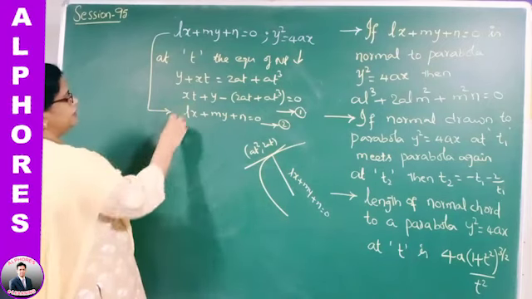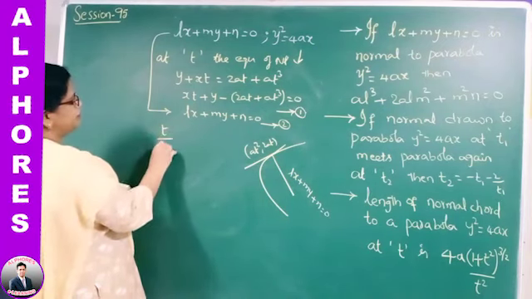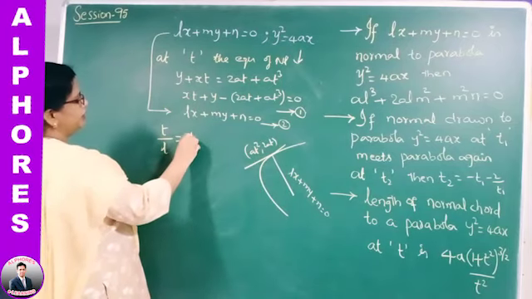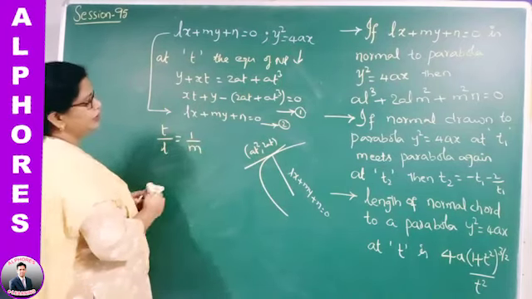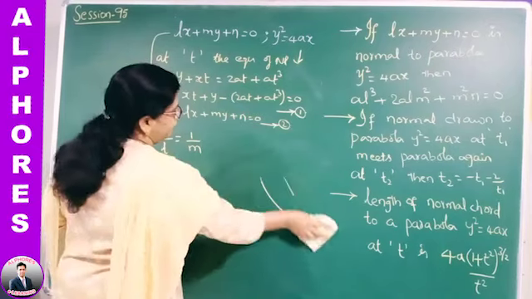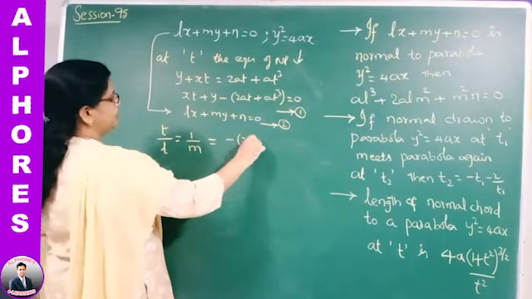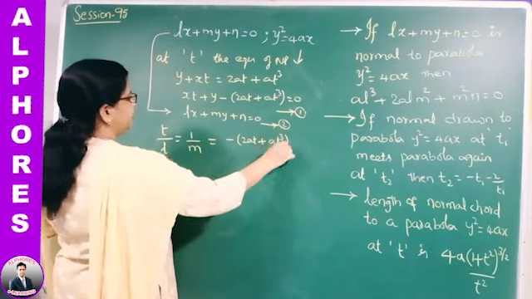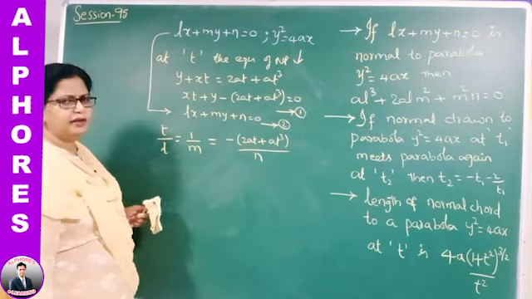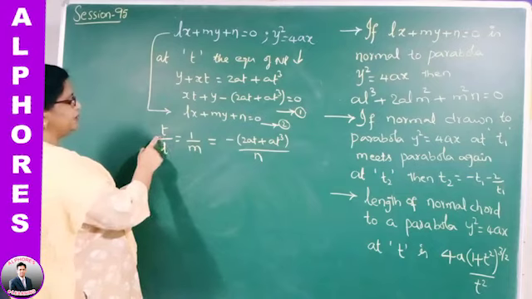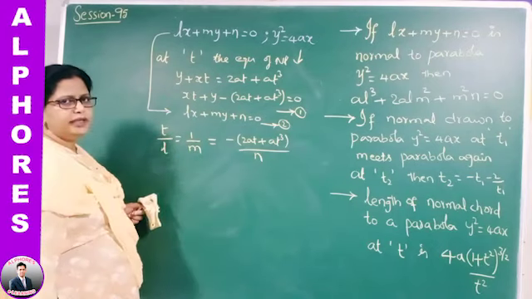So t divided by L equal to 1 divided by m, and this is equal to minus of 2at plus at cube divided by n. First I am taking t equal to L by m.